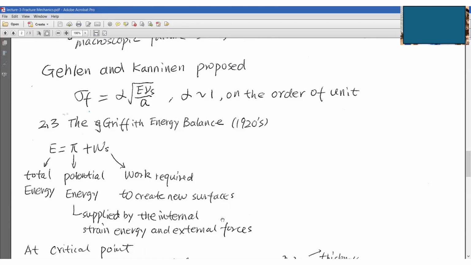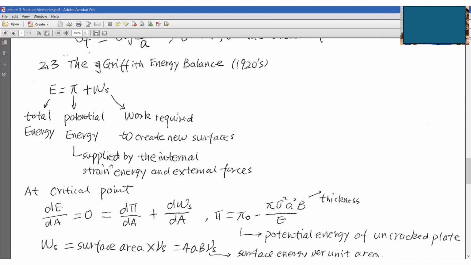From the perspective of energy, Professor Griffith gave us this equation: total energy equals potential energy plus the work required to create new surfaces, Ws. This potential energy is supplied by the internal strain energy because of deformation, and also by the external forces or other external loads.